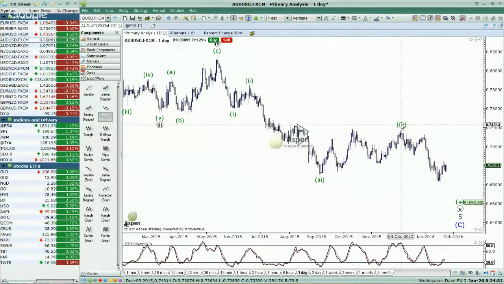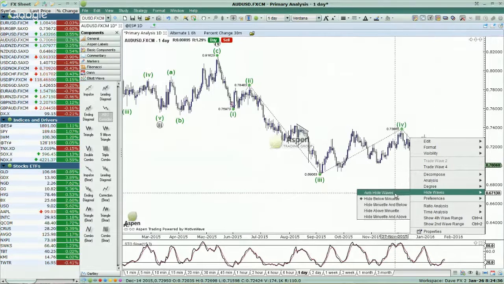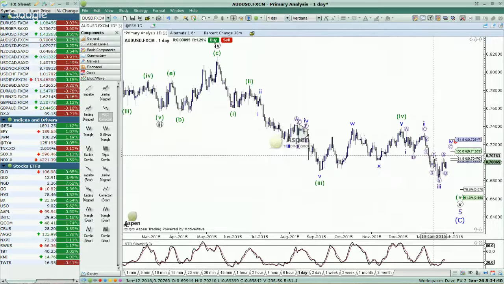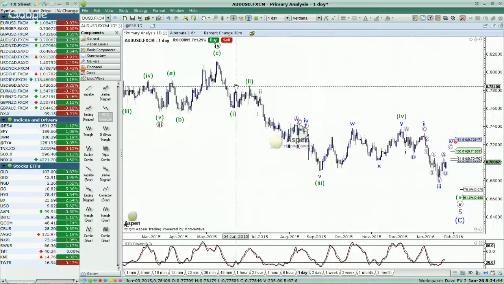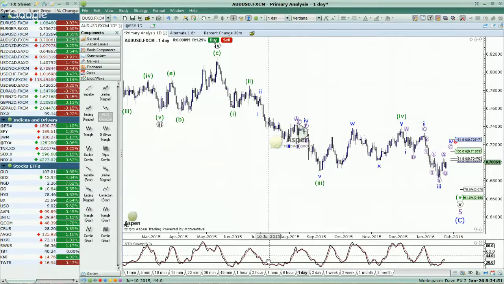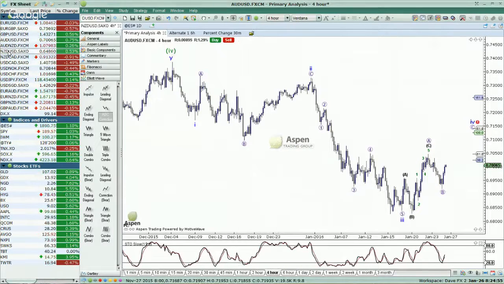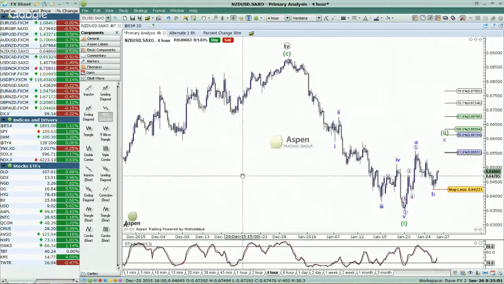Let's do this. I got to get my waves back in here. Now, to me, if I had to make a choice between the Aussie and or the Kiwi to be short, and let me just go back to a 4-hour chart here, I'm probably going to choose the Kiwi dollar because it is the one that has rallied the least while the S&Ps have rallied.